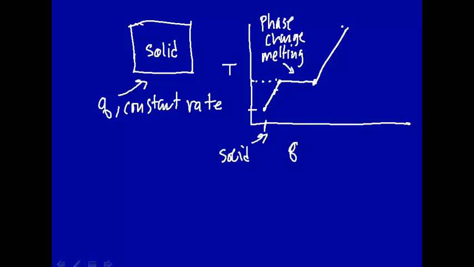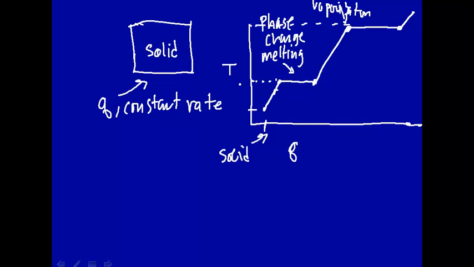And then at a particular point, say at this temperature up here, all the heat you're putting in goes not to increase the temperature of the substance, but in fact it goes to a phase change. And here this is vaporization. And when you put in enough heat so that you converted all the liquid into vapor, then the heat you put in starts to increase the temperature of the vapor.